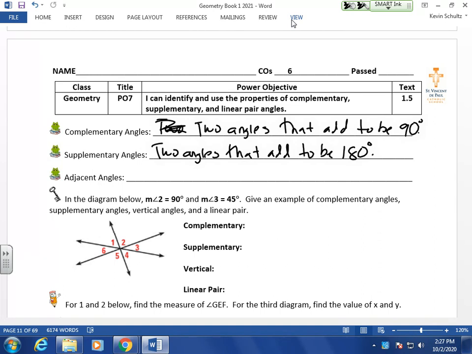You will quickly find that there are essentially three numbers that you need to become very familiar with in geometry. One is 90, the other is 180, and the third is, any guesses? 360. If you can add and subtract and multiply and divide with those three numbers, that's about half of what geometry is, right?